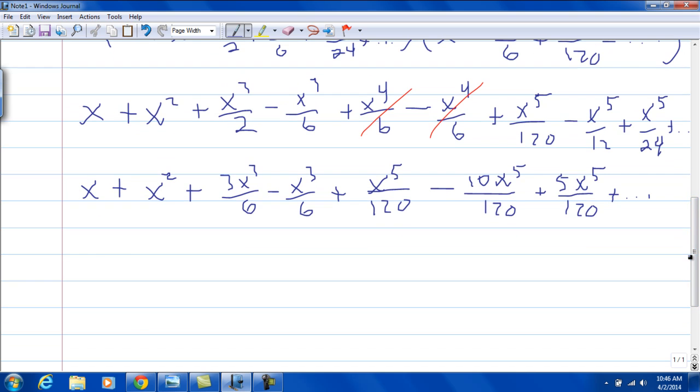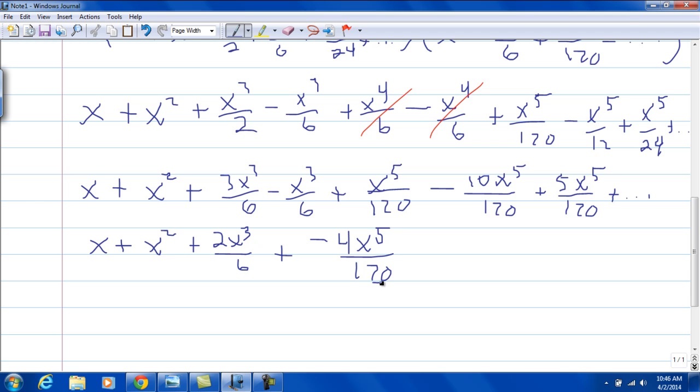So we have x plus x squared plus 2x cubed over 6 plus, now we have an x to the fifth over 120 minus 10x to the fifth over 120 is negative 9x to the fifth, and negative 9x to the fifth plus 5x to the fifth is going to be negative 4x to the fifth over 120.